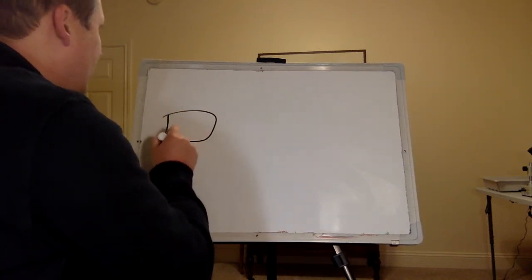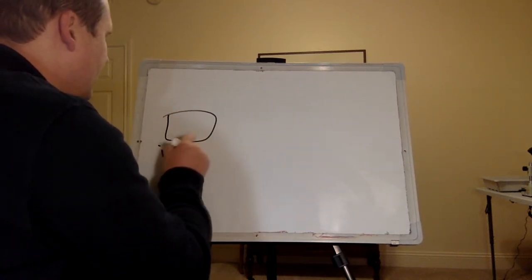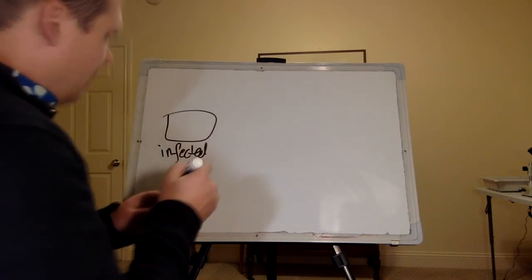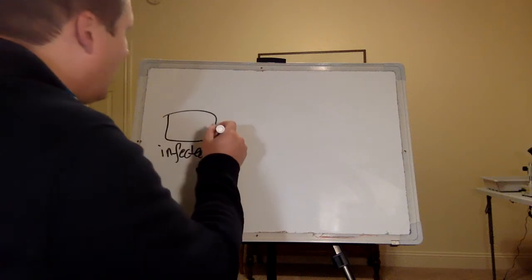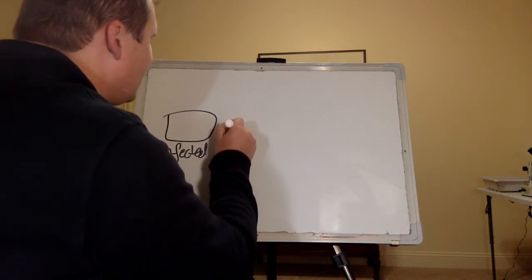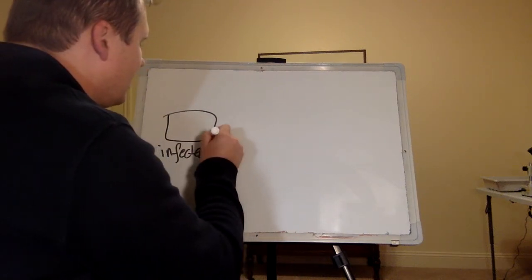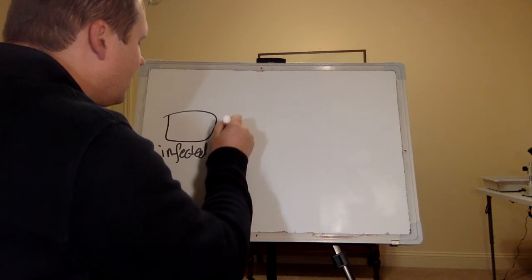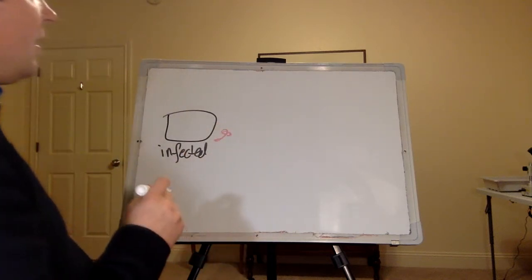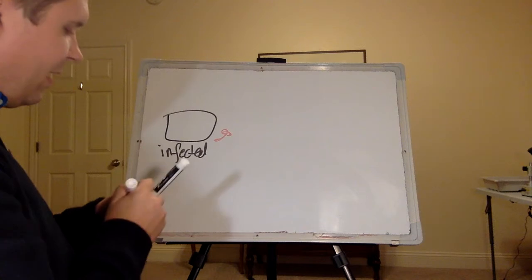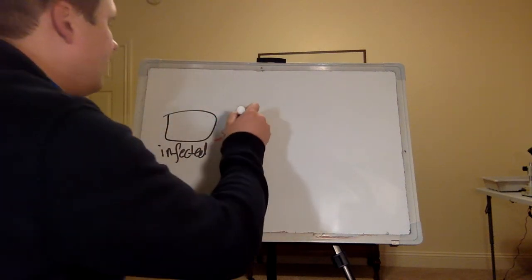So here is our infected cell. So if the infected cell actually releases whole Ebola virus, so if we get there a little bit too late, then the whole Ebola virus can stick to the outside of the dendritic cell.